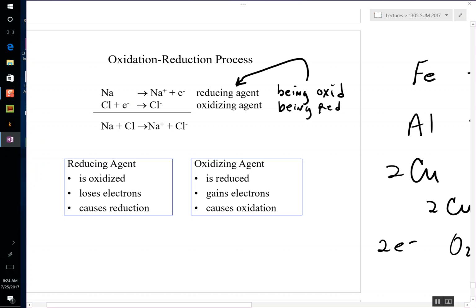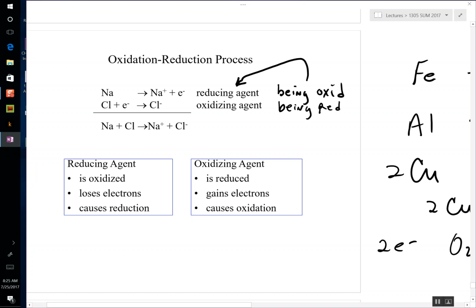The old Model T didn't have a starter. It had a driver, and the driver started the car by turning the engine over. Well, your starter is doing that for you. So these are redox systems.